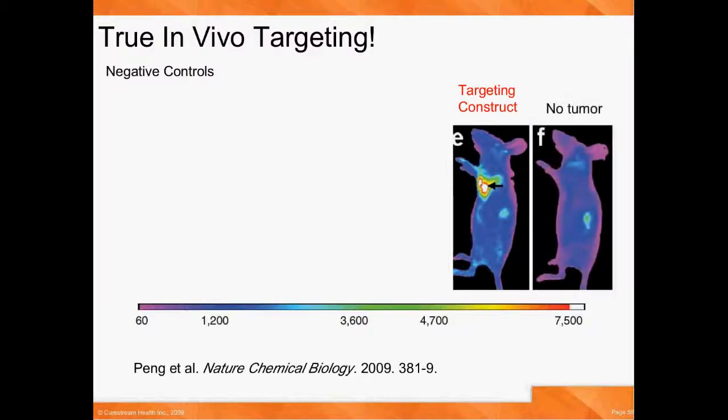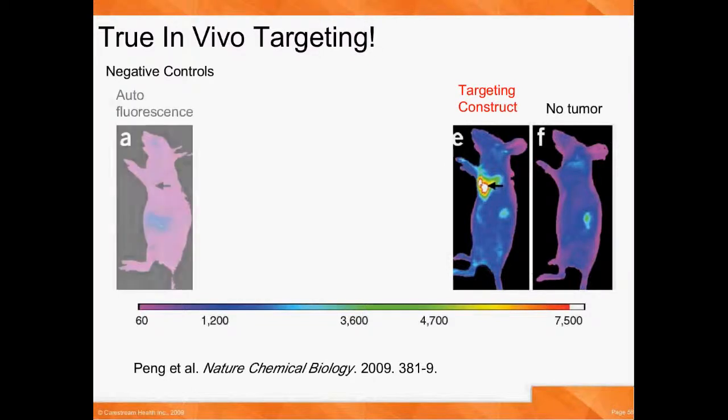In order to truly confirm that they had seen real targeting with this probe, they had to do several important negative controls. The first is to understand the distribution of their probe in a no-tumor setting and confirm there just isn't some other piece of anatomy here that is hot, such as a lymph node. Another important negative control for any in vivo experiment is to always acquire an autofluorescence image.